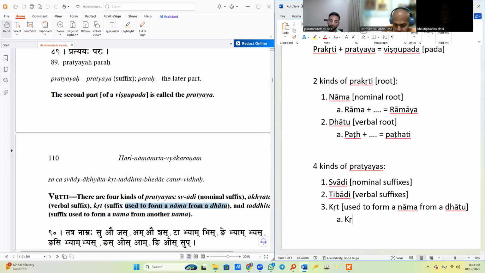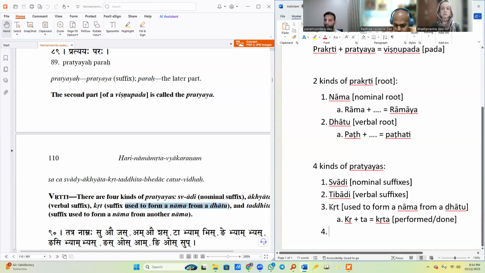The verbal root is kri, which means to do. And then we apply a certain krit suffix, let's say ta. Now, although kri is a verb and ta is a krit suffix, the third kind, it becomes krita. So krita means performed or done. Although it looks like a verb, it's technically a noun, and it can be declined like a noun.